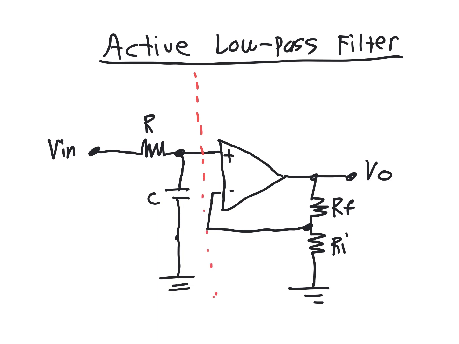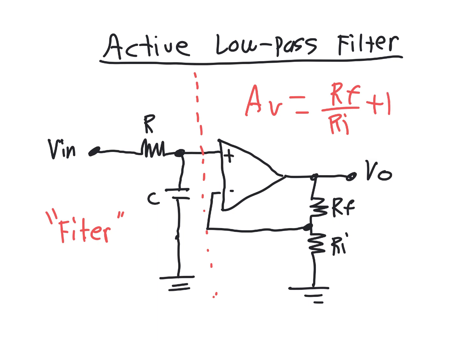So this bit here is the actual filter. This bit here is providing the voltage gain, and this is simply the non-inverting amplifier.